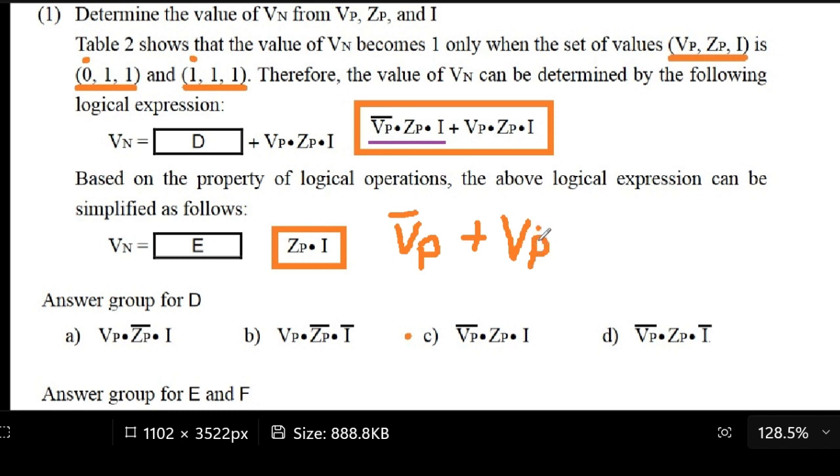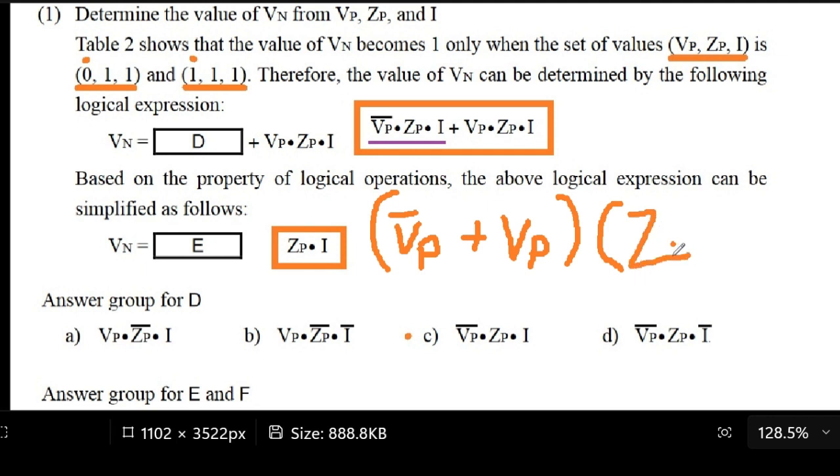Then we put this inside the parentheses, and afterwards we have the other parentheses where you have the ZP, the dot here, and then an I, and then we put the closing parentheses.